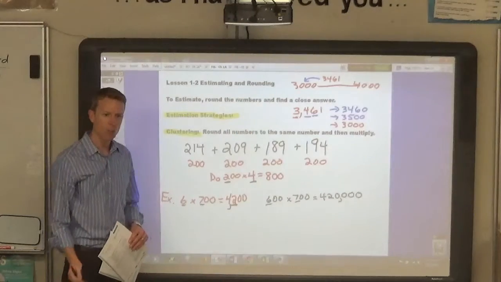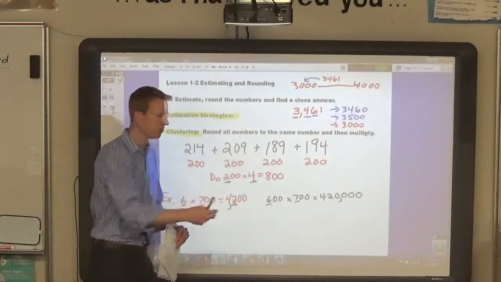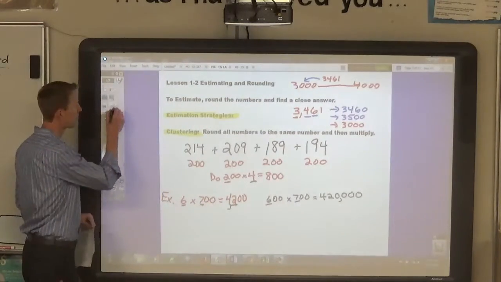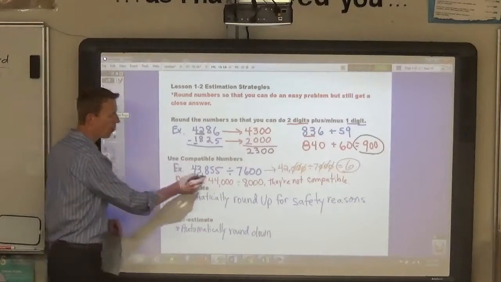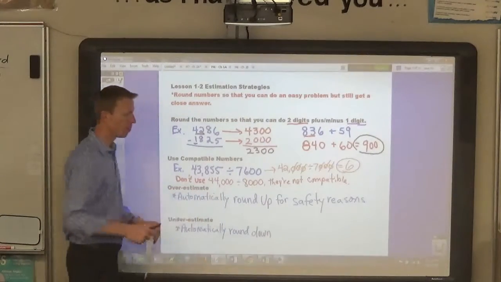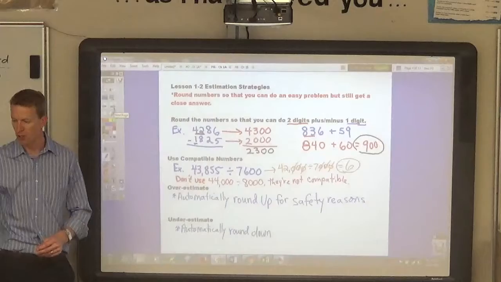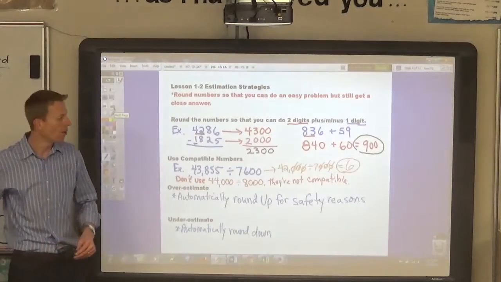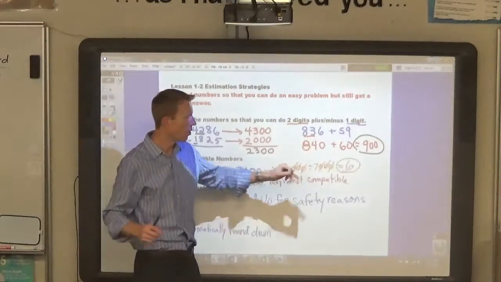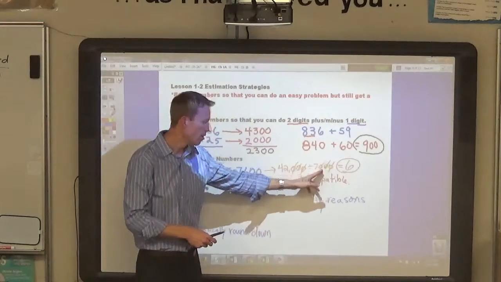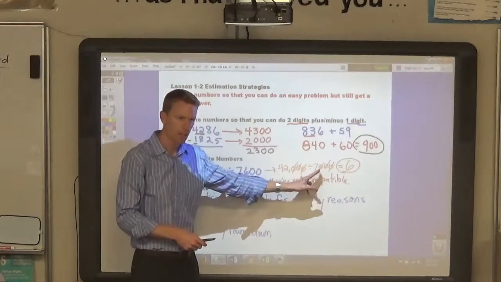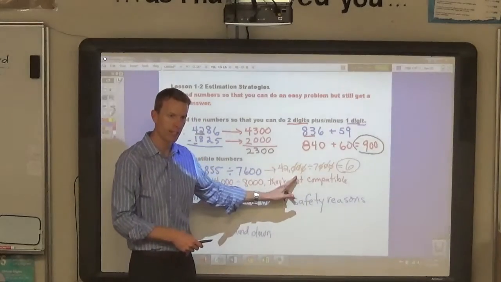With multiplication, you put all the zeros in the answer. Okay? With division, though, you use compatible numbers to solve it. So you don't round and then put all the zeros in when you're doing division. You actually cross out the zeros, as many zeros as possible for each one.